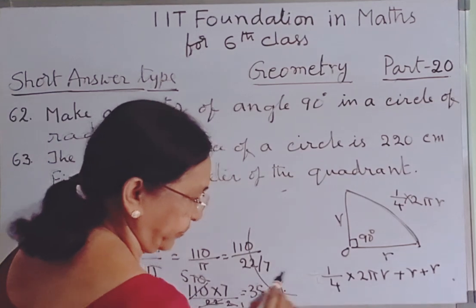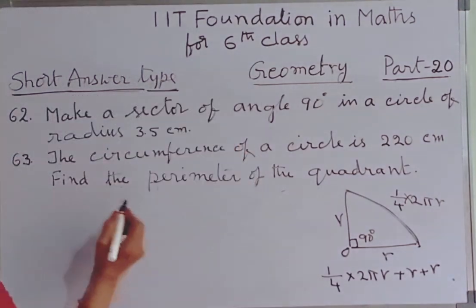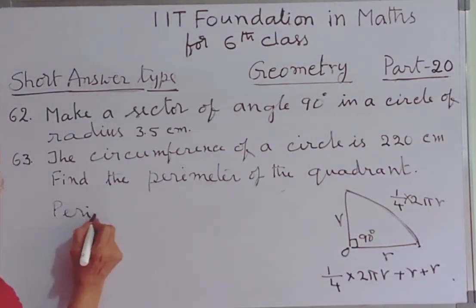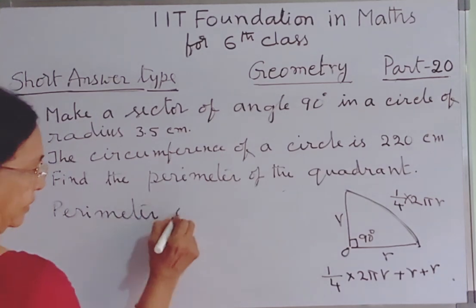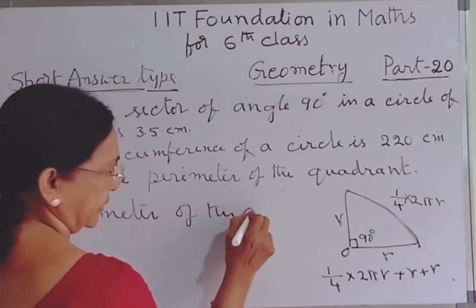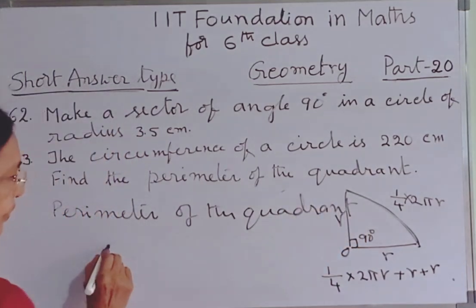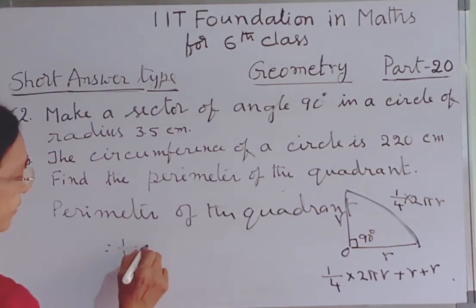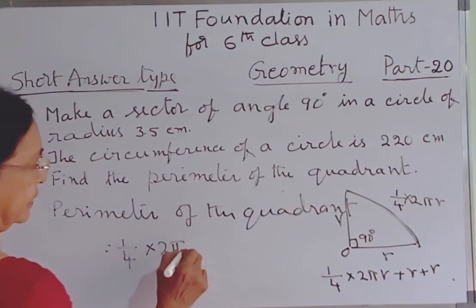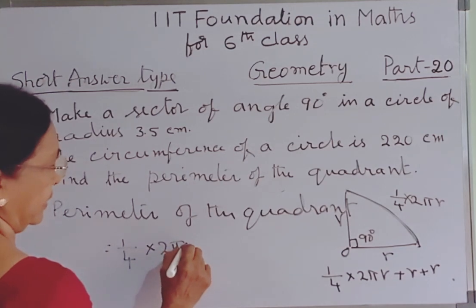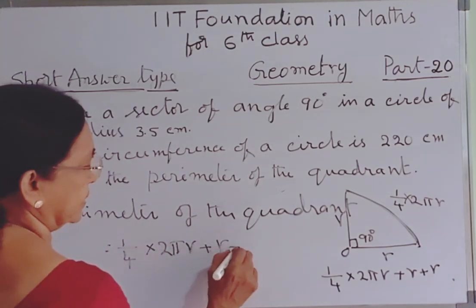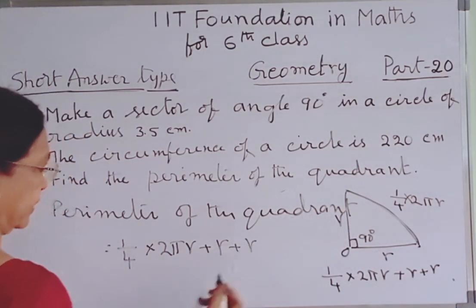That is equal to, so the perimeter of the quadrant is equal to 1/4 of the circumference plus 2 radius.